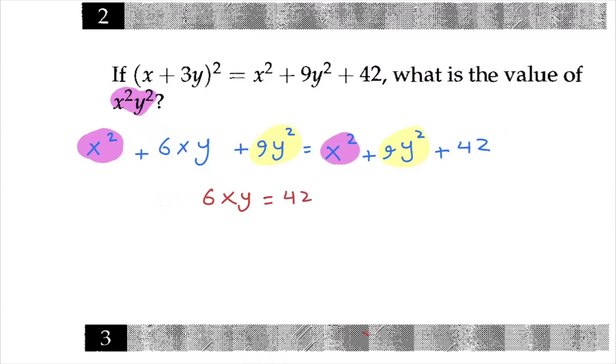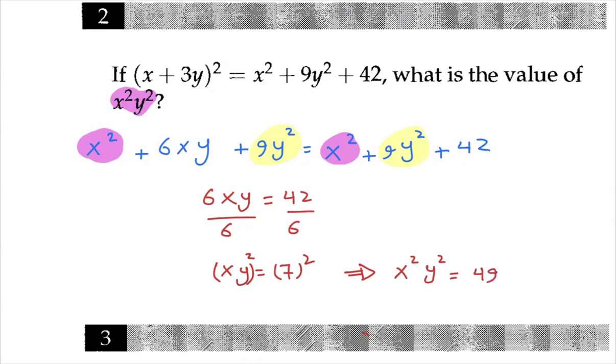Now we are getting closer and closer to the requirement, which is x squared y squared. So can we cancel the 6 here? Yes, sure. By dividing both of them by 6, you will find that xy equals 7. That's good. How can we get x squared y squared? By squaring both sides. So x squared y squared equals 49.